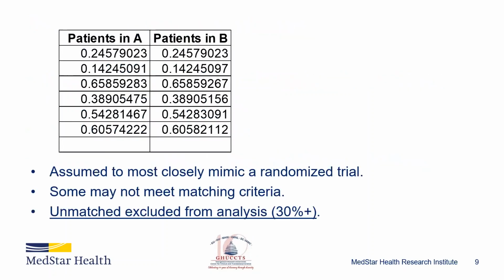So here's an example. I've calculated a propensity score for patients in A and B with 8 decimal places. In the first patient, A and B have exactly the same propensity score, so we've matched on all 8 digits. In the second one, you can see that we've matched on 7 of the 8 digits.